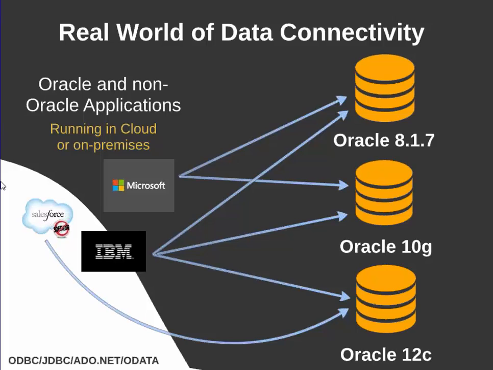So it's more common than not to have a mix of Oracle database versions from the environments I've seen. In summary, the real world ain't pretty. There's no sunshine here in this connectivity scenario. But today's webinar will talk about some of the ways to really make all this work and connect to any kind of Oracle connectivity scenario you can think of.